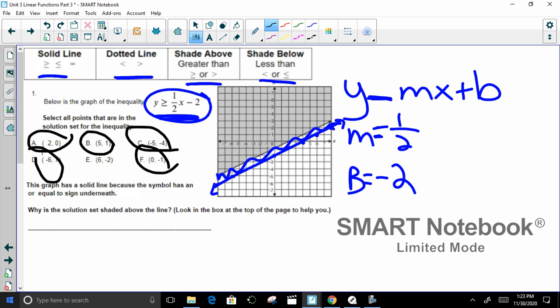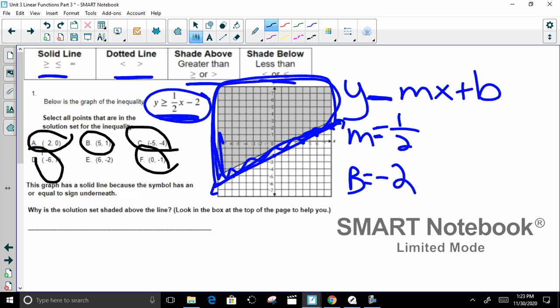Why is the solution set shaded above the line? Why is it shaded above the line? Because all these ordered pairs in this area where it's shaded above the line make that inequality true. Okay, so all the ordered pairs above there make that inequality true.